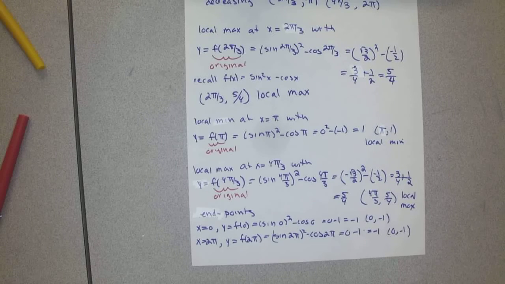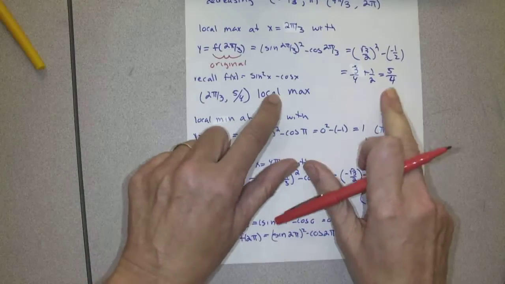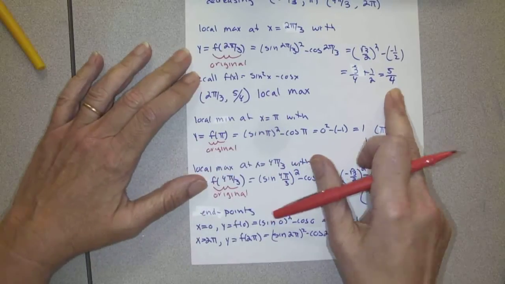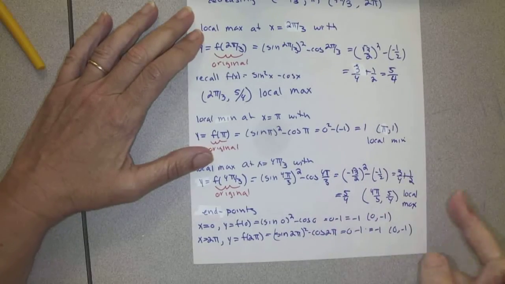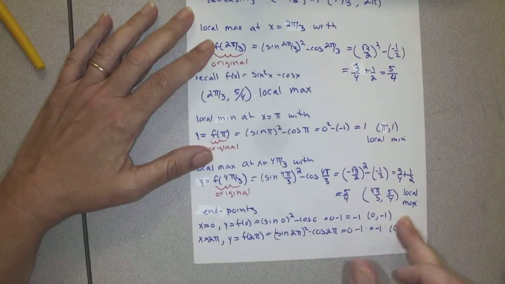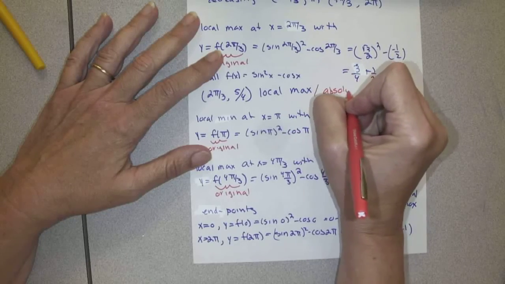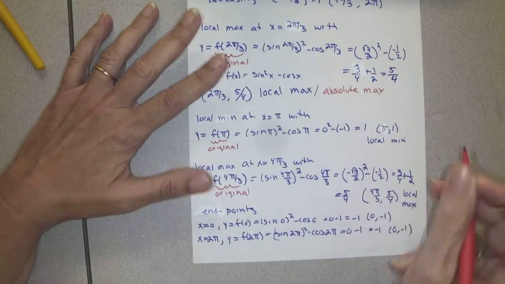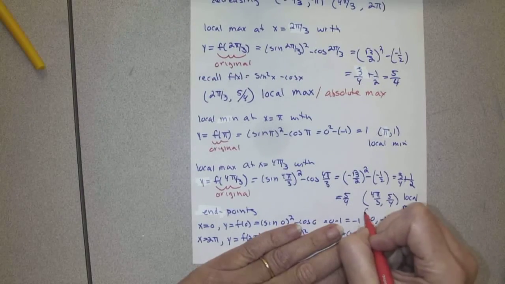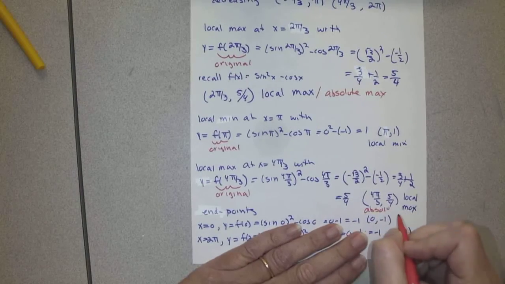So as far as absolute maxes or mins, absolute max is going to be the 5/4. I got y values of 5/4 and 5/4 there. So this is a local max and an absolute max. Same thing here, local max and an absolute max.